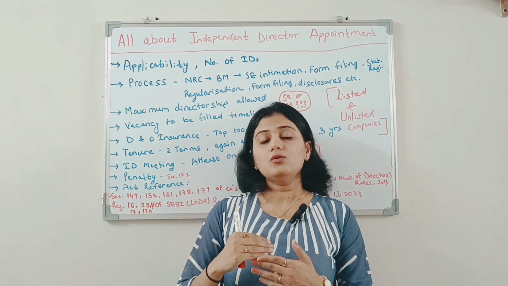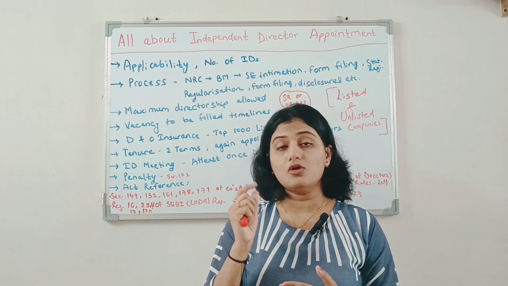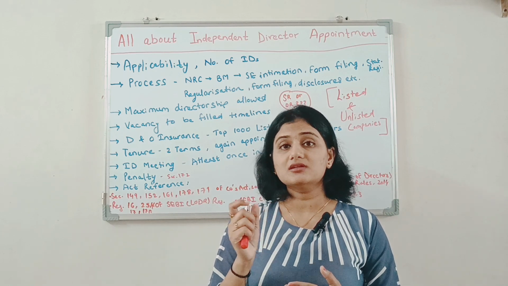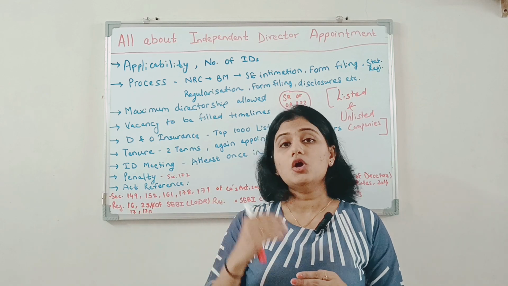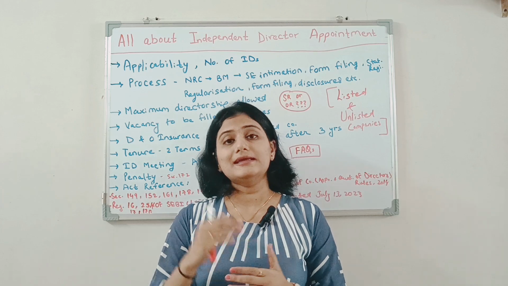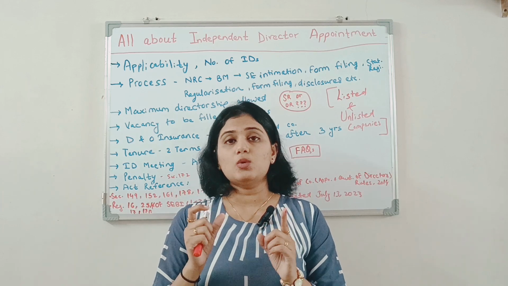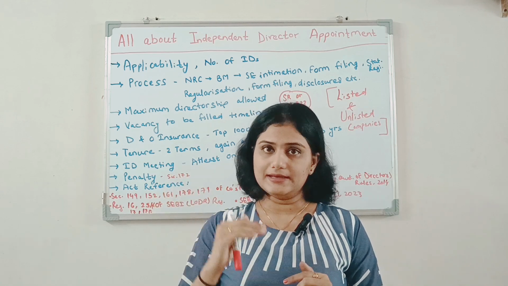Now in case the chairperson is other than a non-executive director, or the chairperson is a non-executive director but related to the promoter, or there is no chairperson in the company, in all these cases the requirement is 50%, that is half of the board should be independent directors.